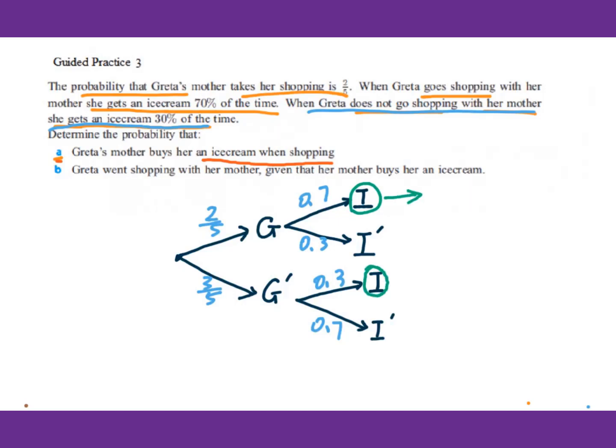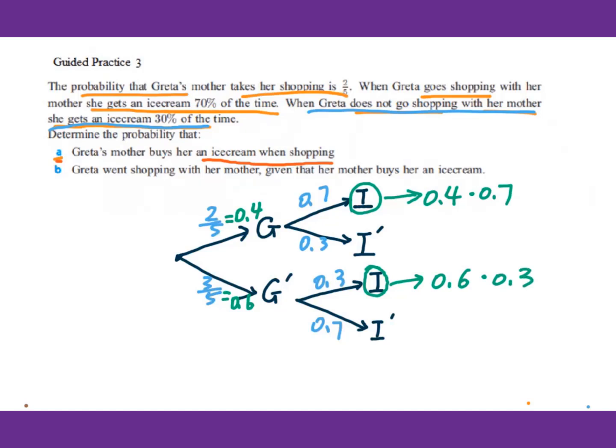From here, let's change this one into decimal. 0.4, here's 0.6. So you have 0.4 times 0.7. For this ice cream, you will get 0.6 times 0.3.